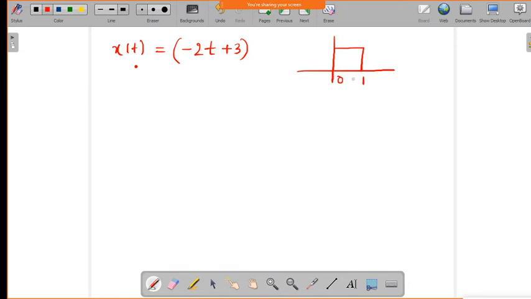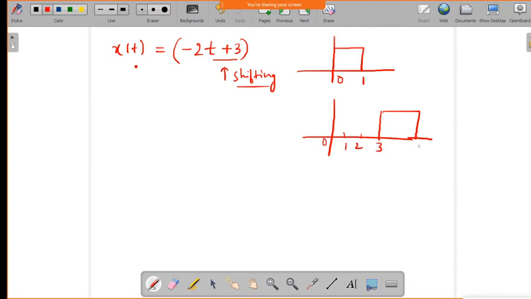Now I need to shift plus 3 first. As the rule says, always you need to do the shifting first. So you need to shift by 3 units, that is 1, 2 and 3. So 0, 1, 2, 3 and this is 4.